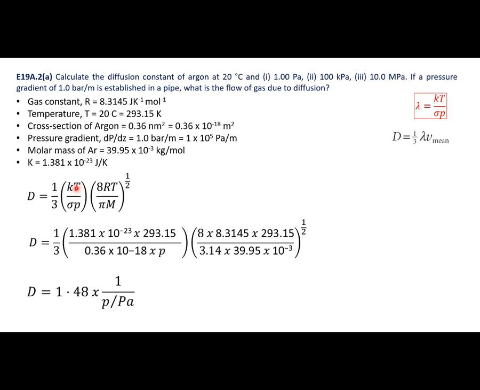I substituted all of these terms here except for the pressure, and then I calculated it. I end up getting D is equal to 1.48 times 1 over p, and we have to input pressure in terms of Pascal. Now, if we were to input the pressure in Pascal, what should be the units of the diffusion coefficient? We need to find that.